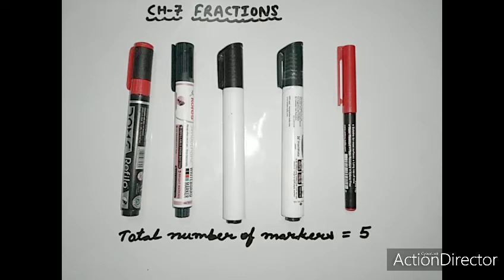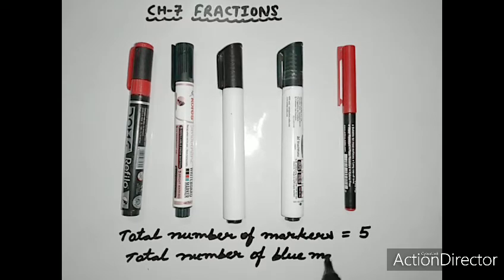And if I ask you, what are the total number of blue markers? There are total 2 blue markers here. So here we write total number of blue markers equal to 2.